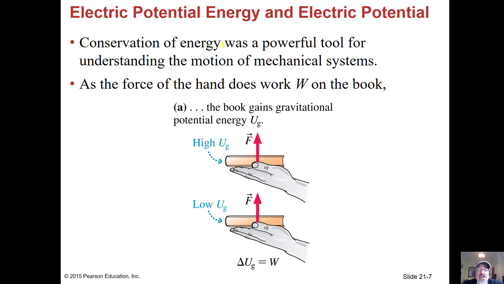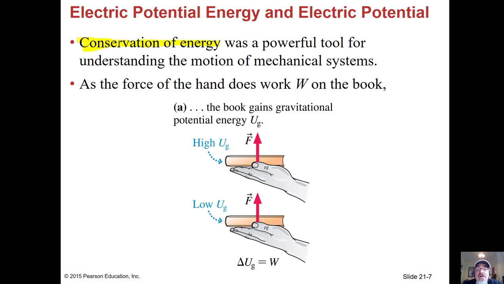So conservation of energy was a tool that we used before. We looked at the energy in one location. It was the same total amount of energy that we had in another location, but maybe the heights changed. We were able to potentially take gravitational potential energy, turn it into kinetic energy, and vice versa. The total amount didn't change. So conservation of energy just meant the total energy didn't change.